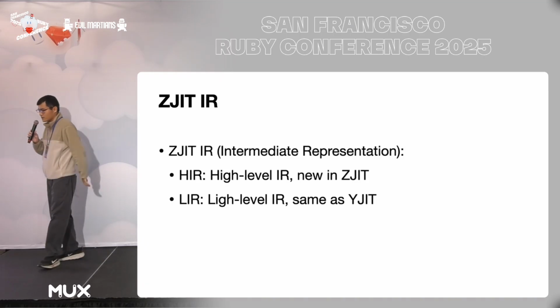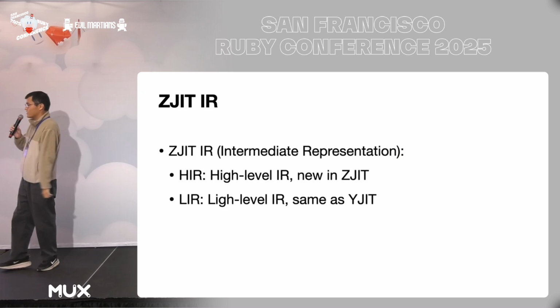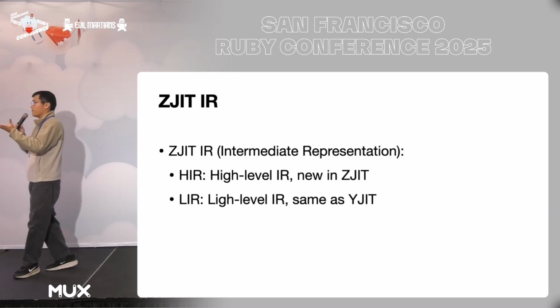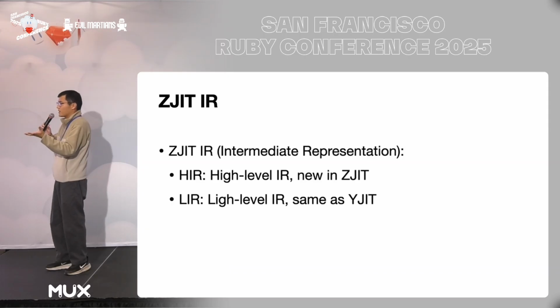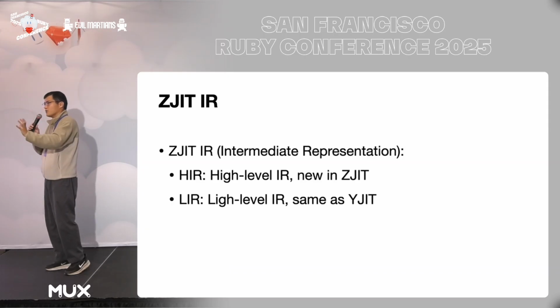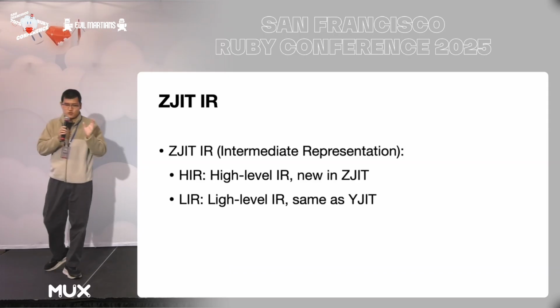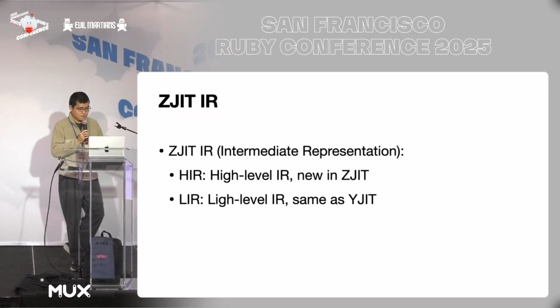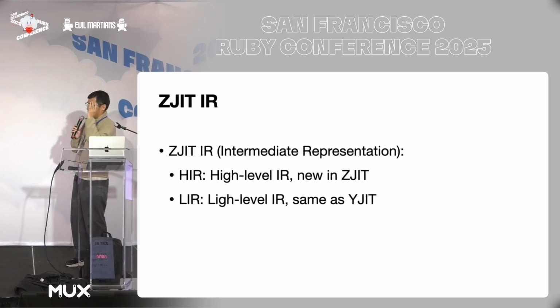If you look at CRuby's context, what we do with the ZJIT IR is we provide a Ruby-specific IR that specializes in CRuby's virtual machine context and does very Ruby-specific optimizations. So that's what we are trying to do with ZJIT.